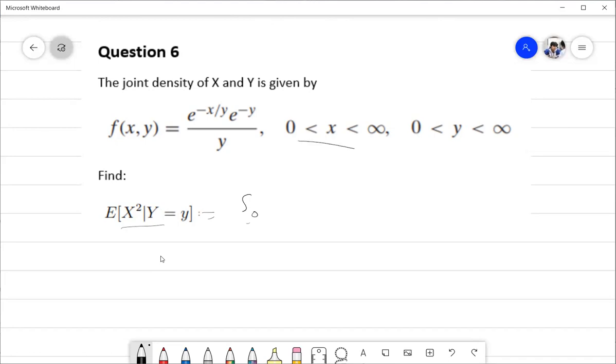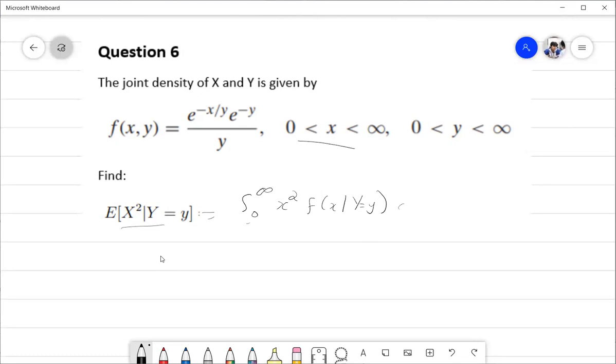So x, they define the range 0 till infinity, and I'll multiply this by x square, because question mein the condition is x square and not x. So x square into fxy, not fxy, balki condition y is equals to 1, right?